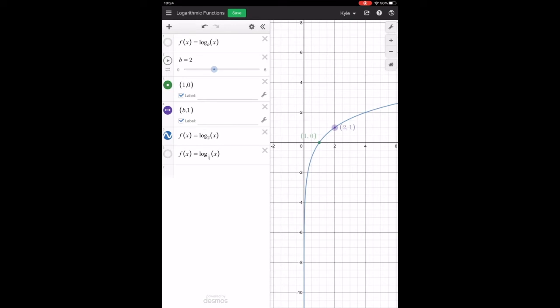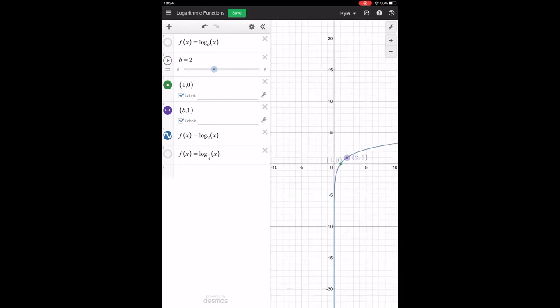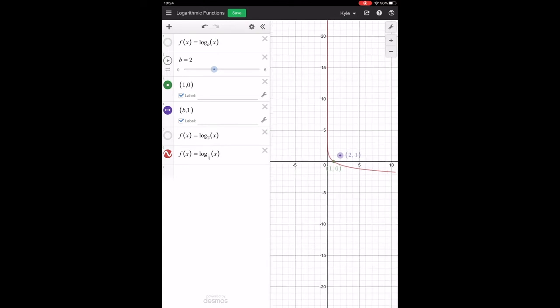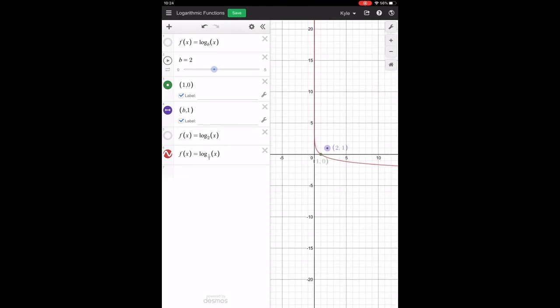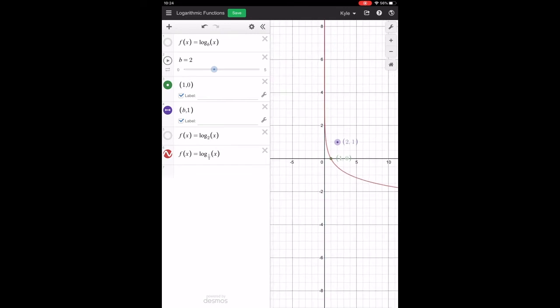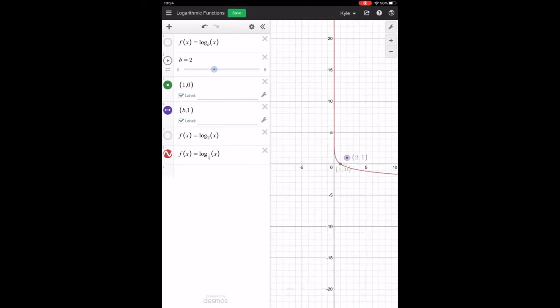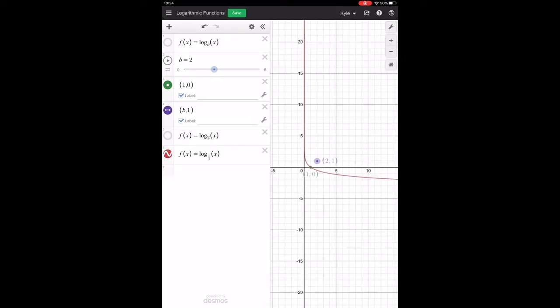Now let's take a look at the red function. Let's take a look at base 1/4 of x. You can see we are in logarithmic decay. It does have that point (1, 0), so we have the correct x-intercept.